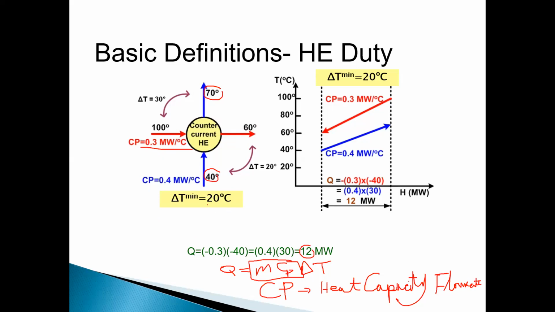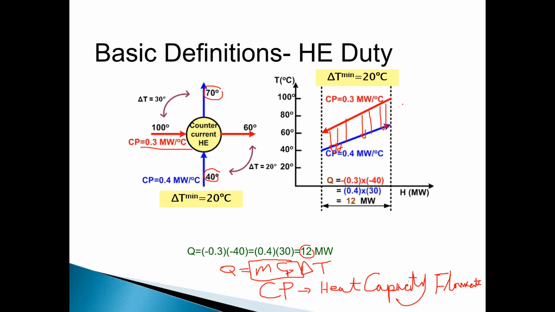For this cold stream, it is 0.4 times 30, which is also 12 megawatts. So the heat that is donated by the donor, the hot stream, goes to the cold stream. So the cold stream is heated by that hot stream.